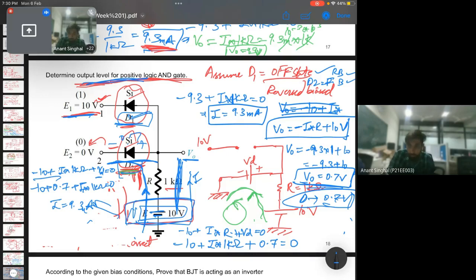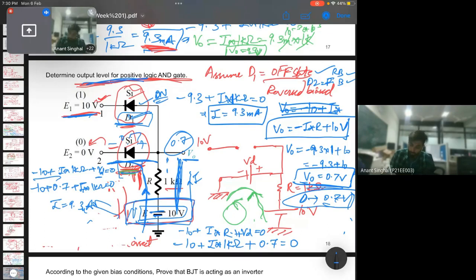First of all, why did you write minus 12.7? This is E. This is 0.7. If even the drop is 0.7, so it will be 0.7. You have written minus 12.7. Yeah, 10.7. If this voltage had been greater, we might have assumed that this is on or something like that.